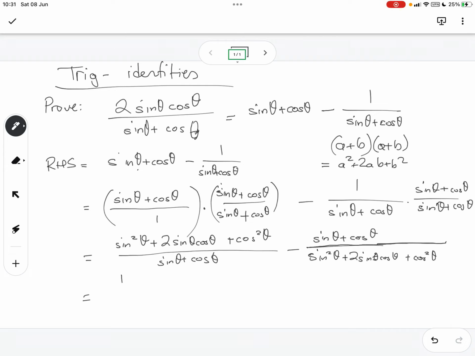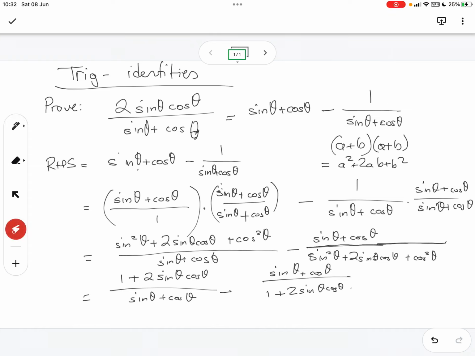This is the same as that, it's the same as that. Then we can continue. Sine squared plus cos squared is an identity. So we've got 1 plus 2 sine theta cos theta over sine theta plus cos theta minus sine theta plus cos theta over, I guess, the same.